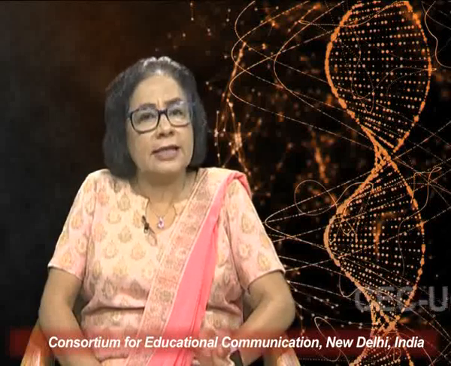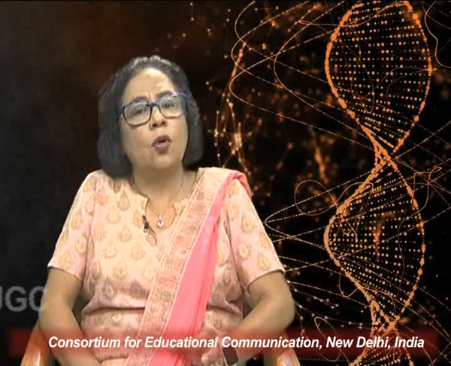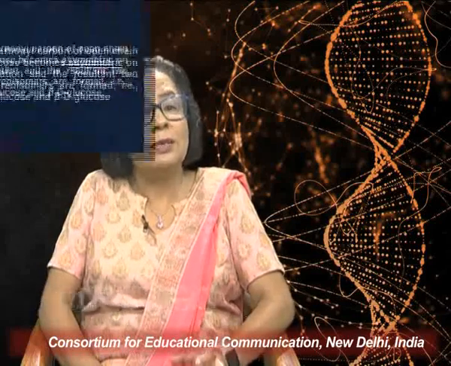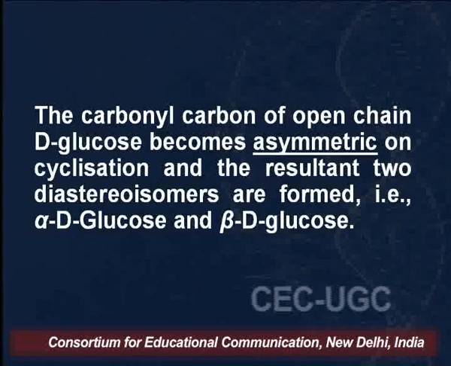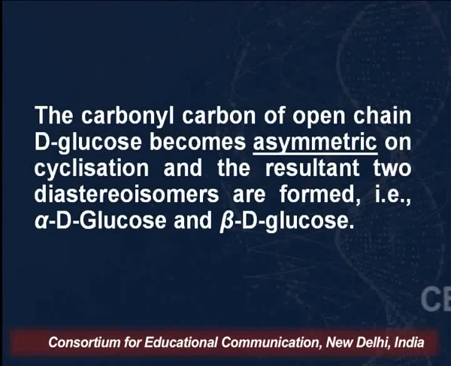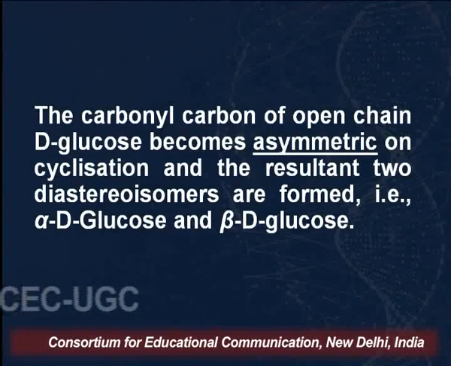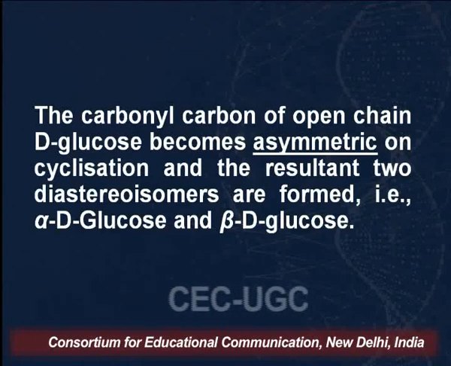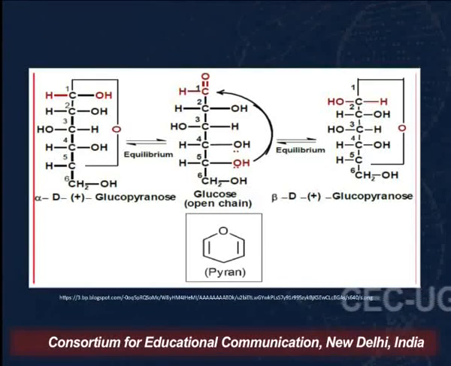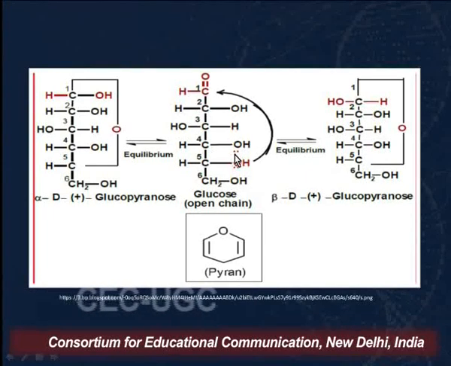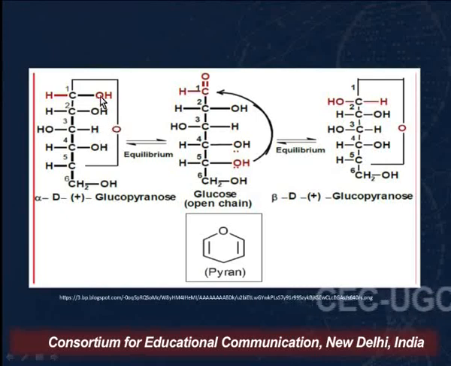As I've already said, because the carbonyl group of the open chain D glucose becomes asymmetric on cyclization, we get two diastereomers which are epimers, and the specific name for these is anomers, which are alpha D glucose and beta D glucose. This is what I have shown here: cyclization takes place between the hydroxyl group on the fifth carbon and the carbonyl group on the first carbon, resulting in the formation of two cyclic forms. So this is the Fischer structure for it.